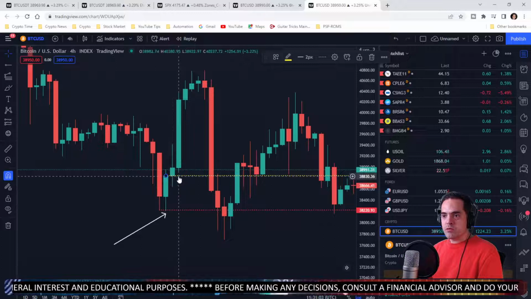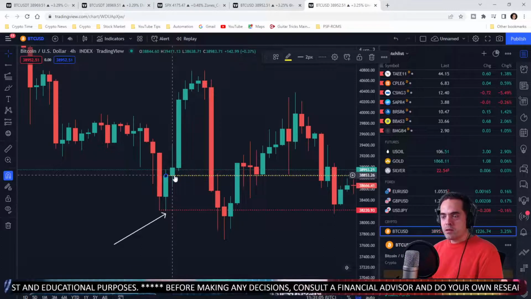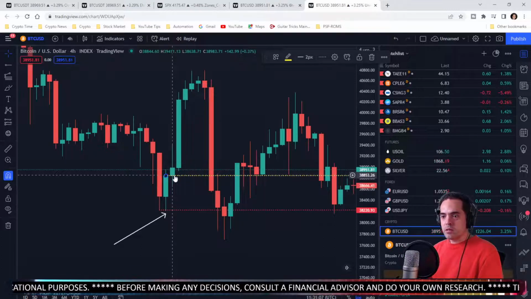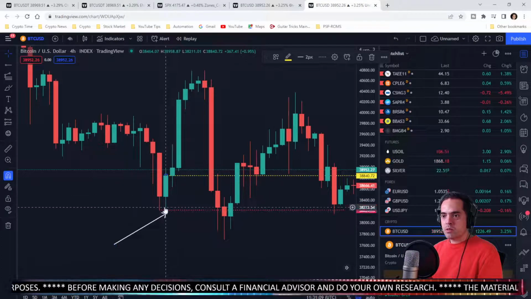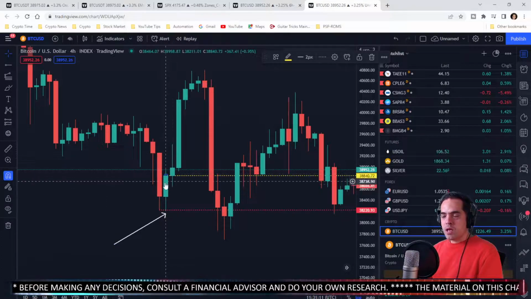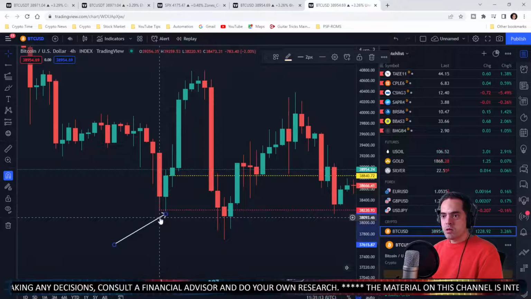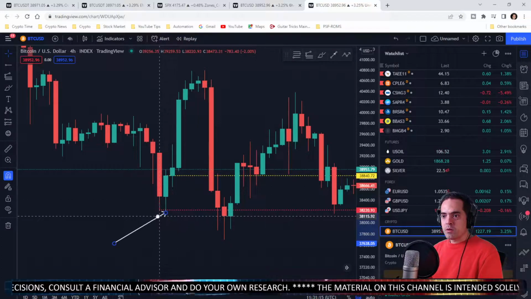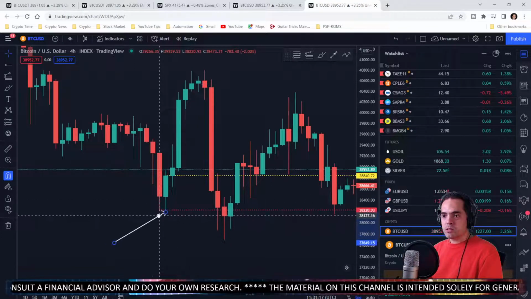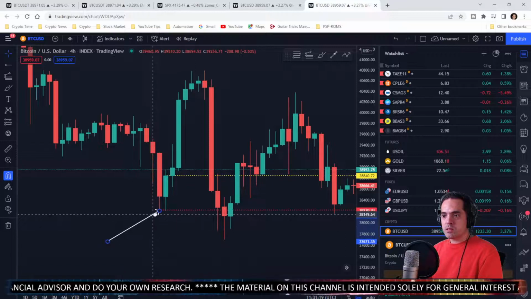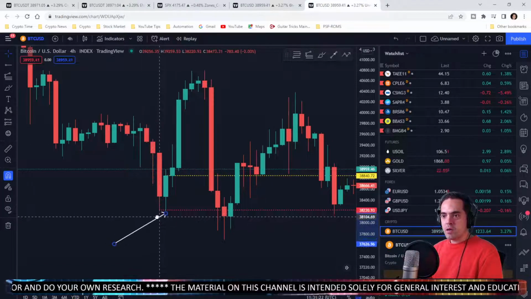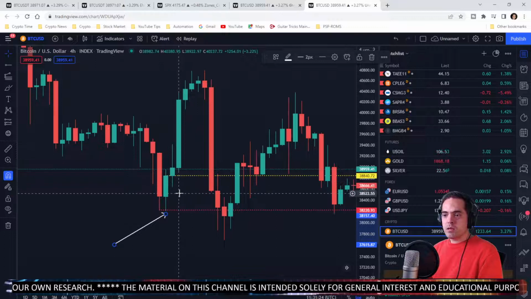So you're gonna trigger your buying order right here in this situation, because that means we have a false breakthrough of the previous low right here. So this is a trap, a bad trap, at least here in the short term.